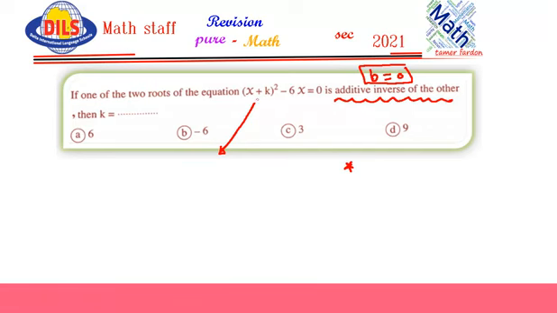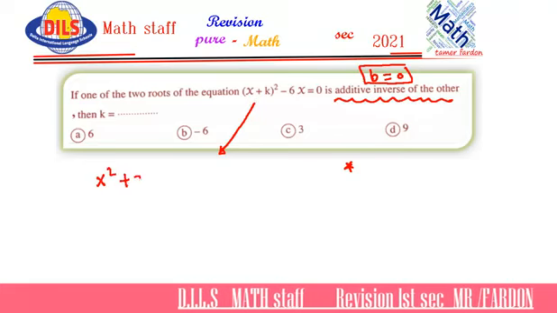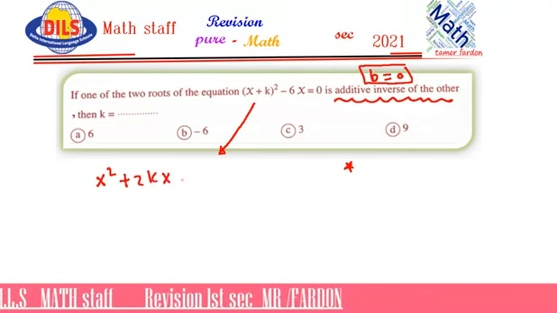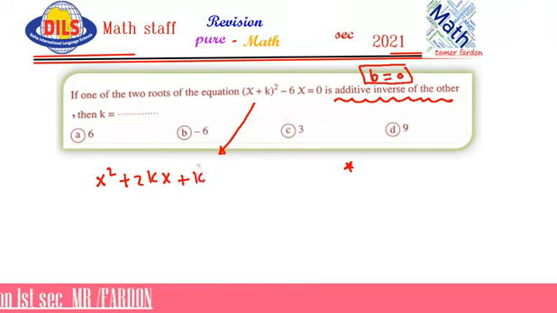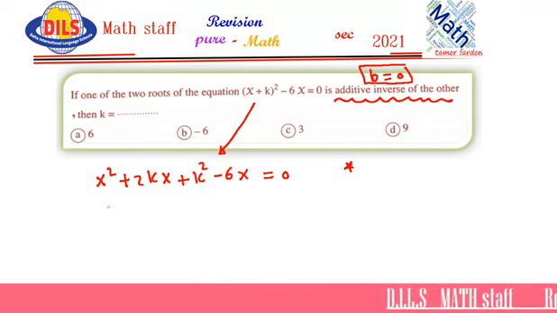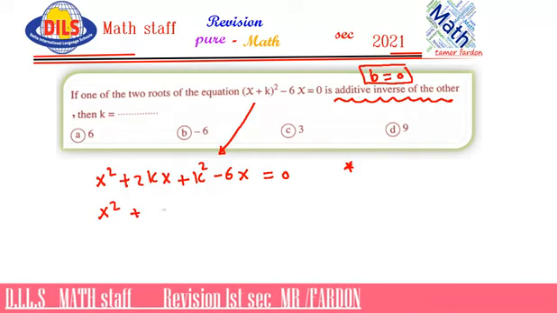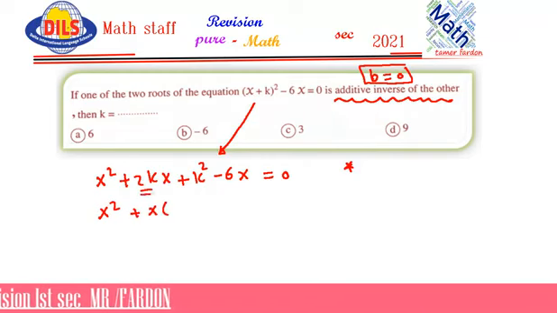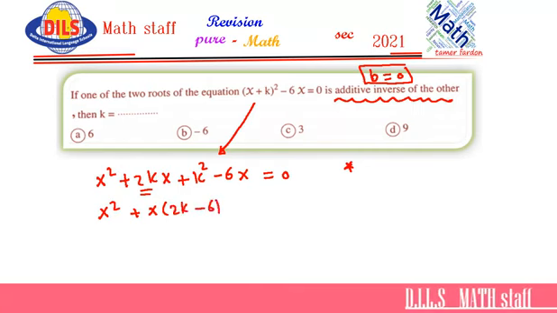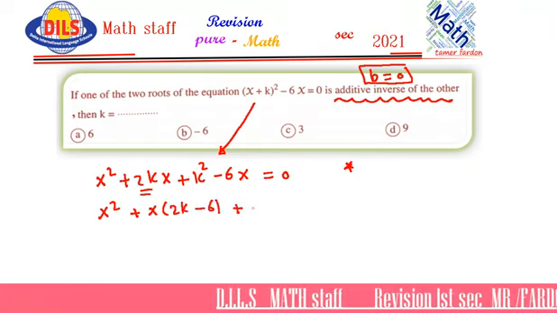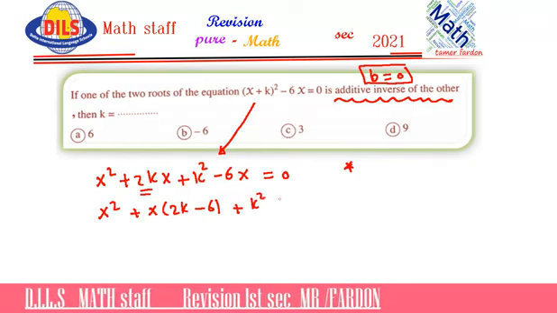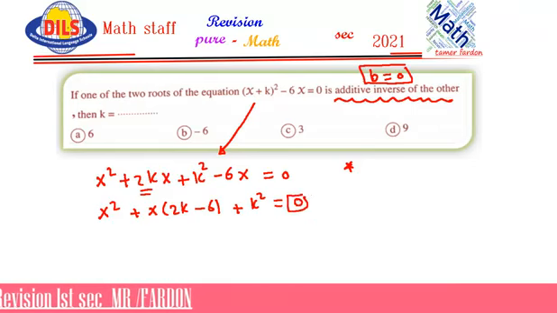To do that, expand the binomial square to find x power 2 plus 2kx plus k power 2 minus 6x equals 0. So x power 2 plus x, taking x as a common factor to get its coefficient, which is 2k minus 6, plus the absolute term, which is k power 2, equals 0.